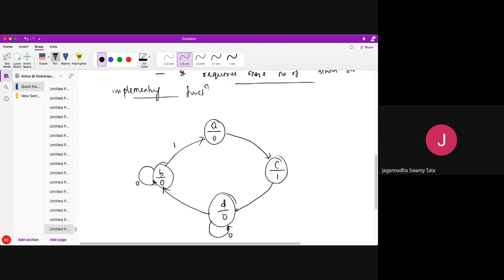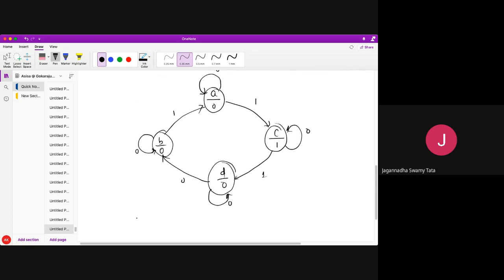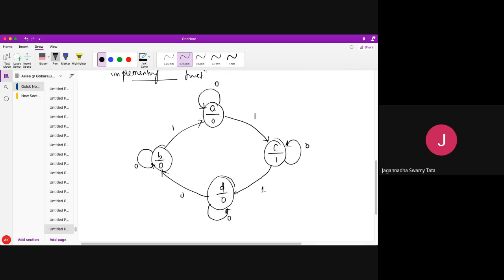So don't panic. Fine. So this is the state diagram of Moore circuit. It has 4 states: A, B, C and D.